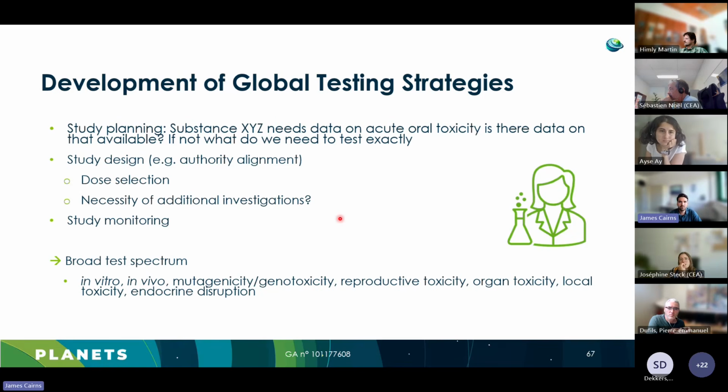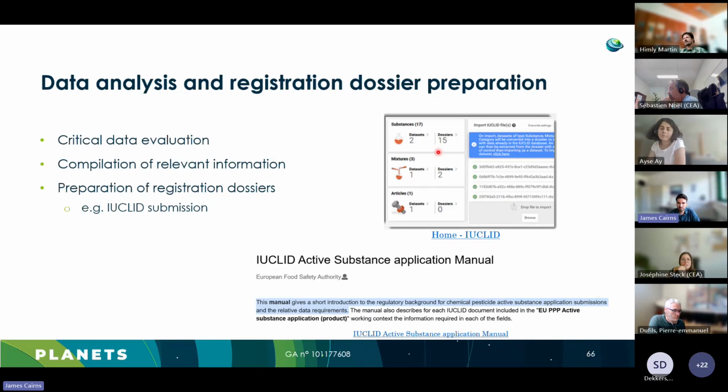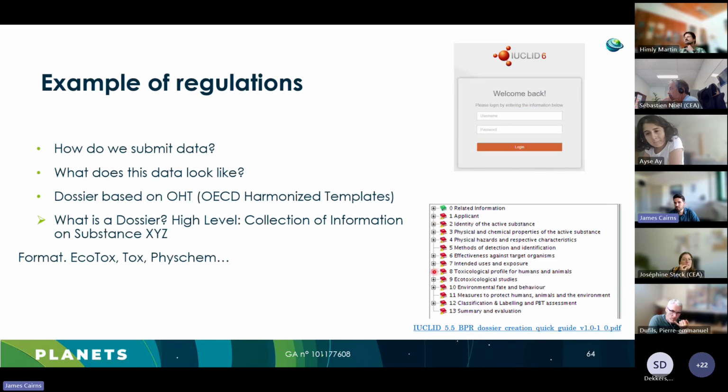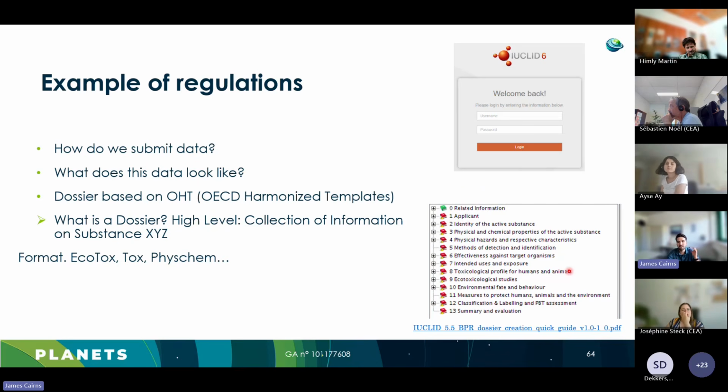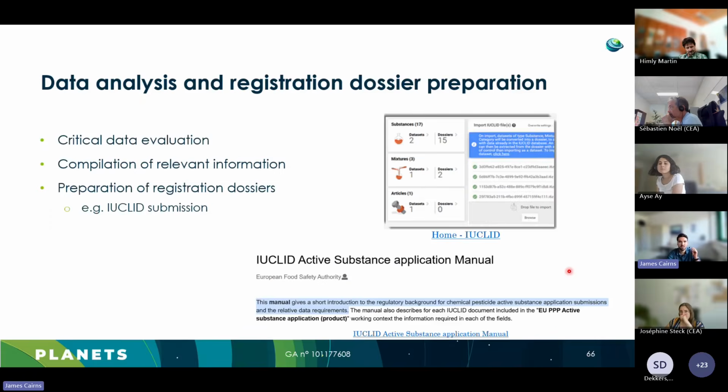Yeah. For development of global testing strategies, as I mentioned, we have a substance. When we then maybe have the requirement in this, if I go back to here, under 8 we would have a list of toxicological studies that have to be performed, and one of them may be the acute oral tox profile is missing for this substance for some reason.